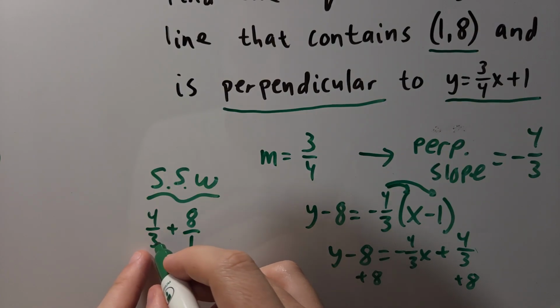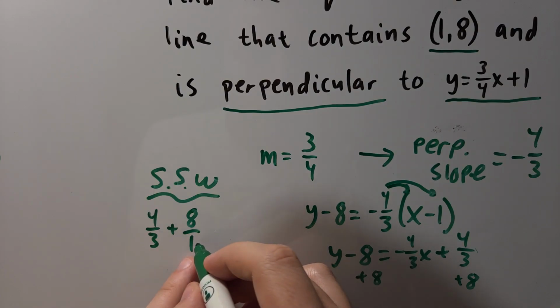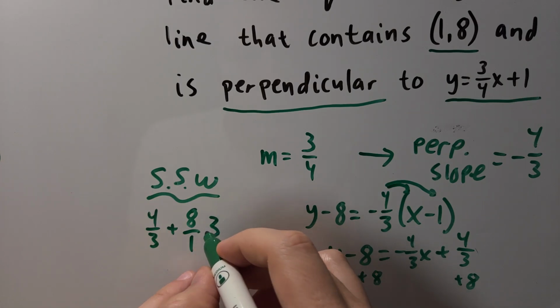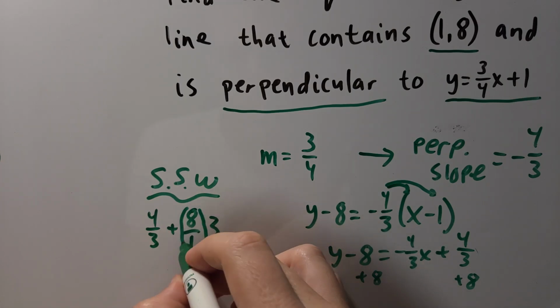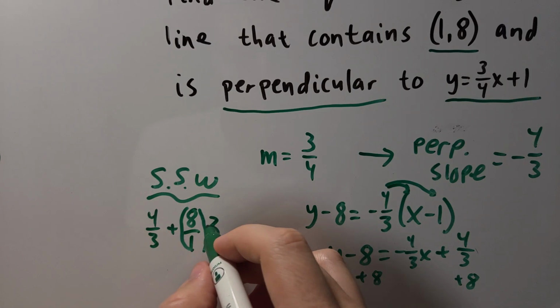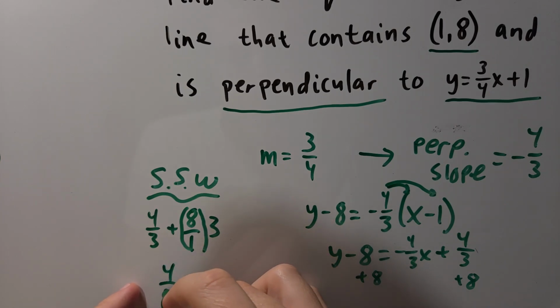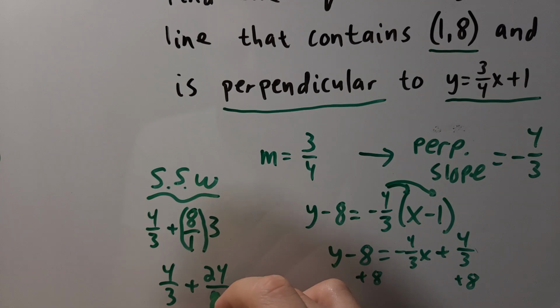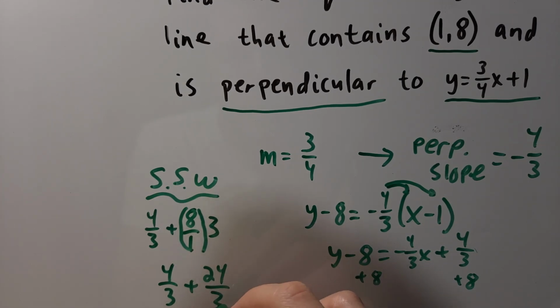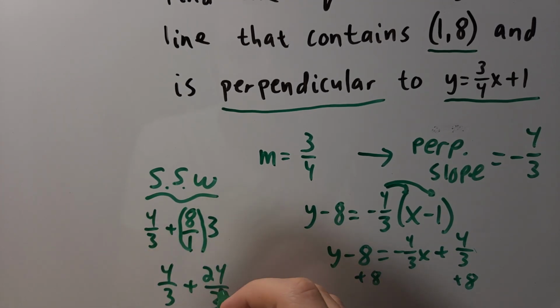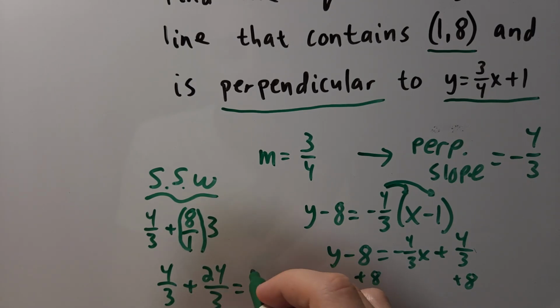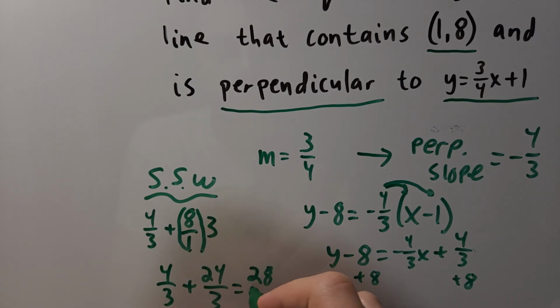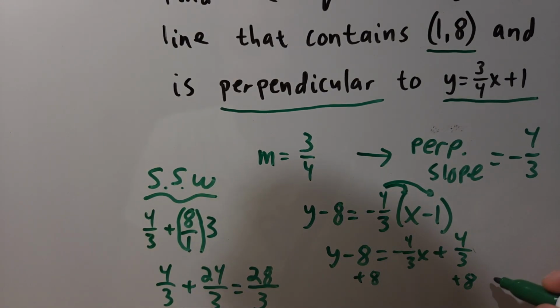So because this denominator is 3 and this one is 1, what you're going to do is triple the entire other term. So now I'm adding 4/3 and 24/3. And what's 24 divided by 3? 8. Adding these two together, because they got the same denominator, will be 28 over 3. And that will be my final answer.